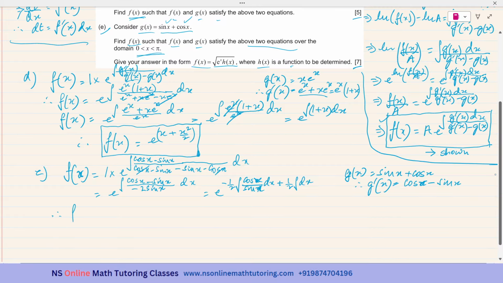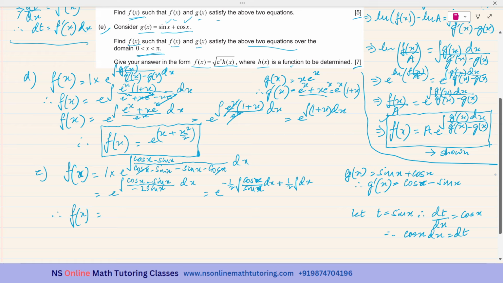So therefore, f of x is equal to now cos x over sin x. So let t is equal to sin x, therefore dt by dx is equal to cos x. So therefore cos x dx equal to dt.